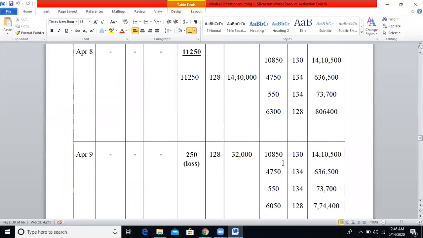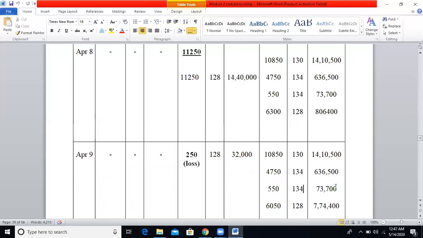So in the balance column, still we have the opening balance of 10,850 at the rate of 130. The total value will be 14,10,500. 4,750 at the rate of 134, that is total value 6,36,500, and return goods of 550 kg at the rate of 134.